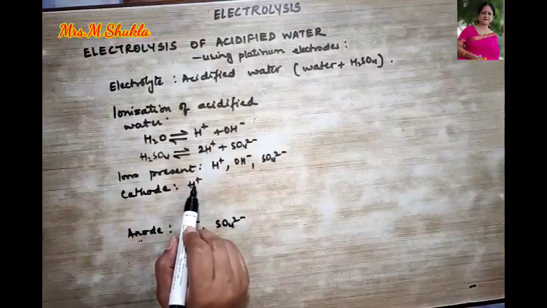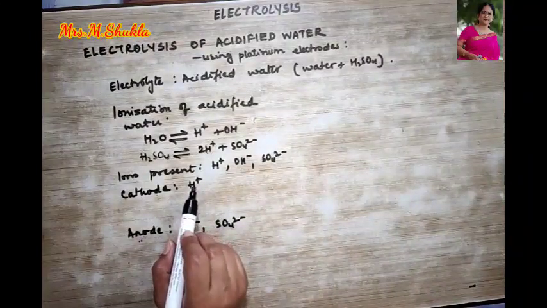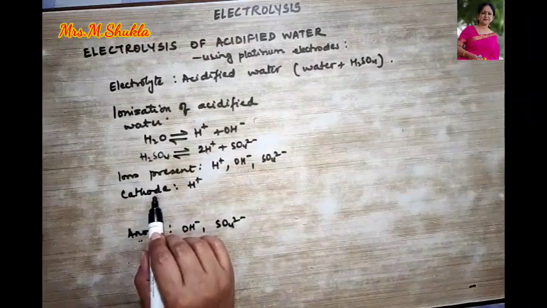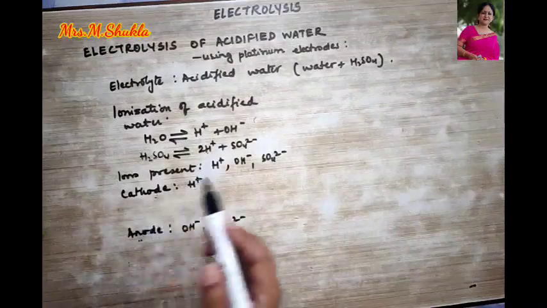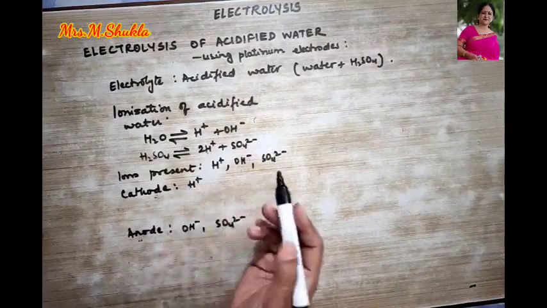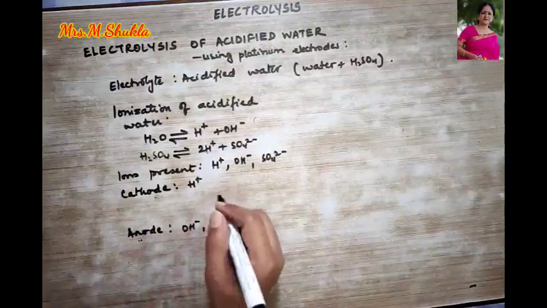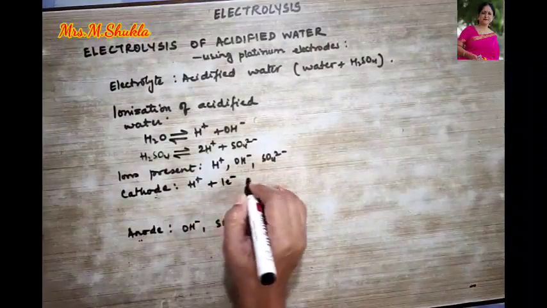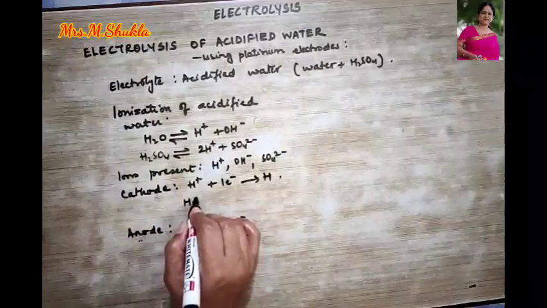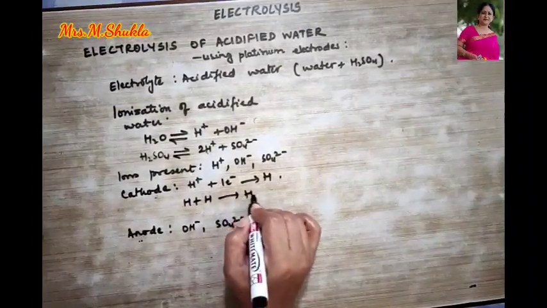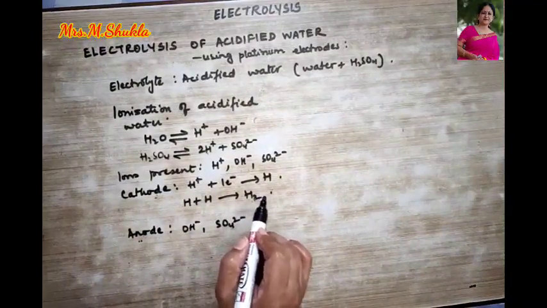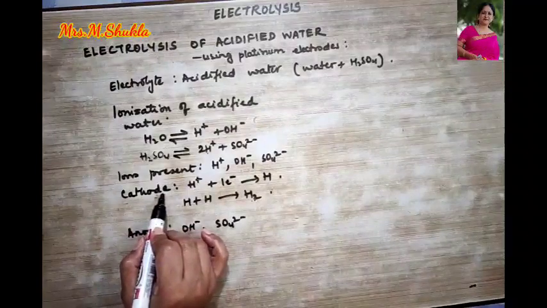Now since hydrogen ion is the only positively charged ion which has migrated towards cathode, and since cathode is a reservoir of electrons, therefore hydrogen gains an electron and becomes a neutral hydrogen atom. So it will accept one electron and become a neutral hydrogen atom. Now hydrogen atoms combine to release hydrogen gas. So this hydrogen gas is released at which electrode? At cathode. Is that clear?